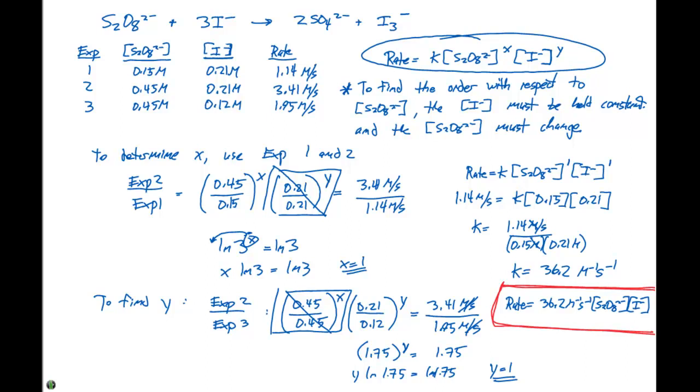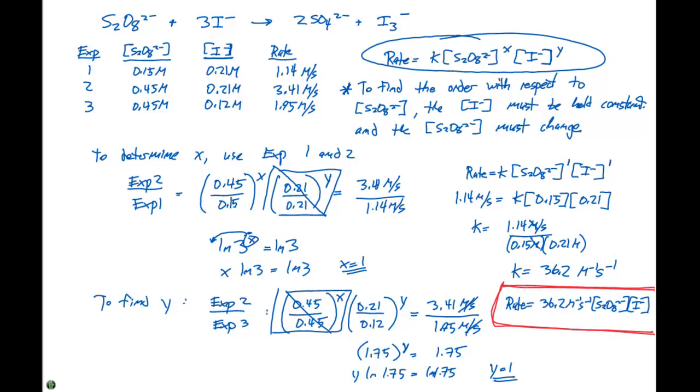So to recap what we've done here, in order to determine a rate law, we need to look into experimental data. So here we're given experimental data. We've designed this experiment so that in one case, we keep the iodide concentration constant and vary the S2O8 concentration.